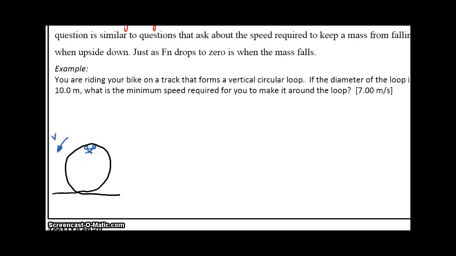And we can draw the free body diagram of the cyclist. There's Fg and Fn. Those are the two forces acting on the cyclist. And we can say that Fc is Fg plus Fn.